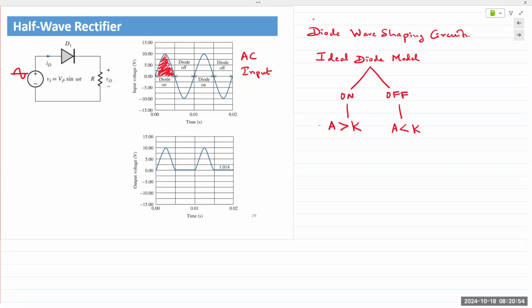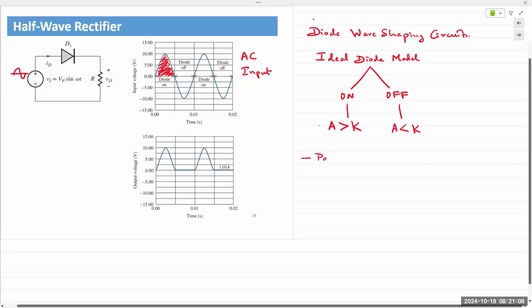So during the positive half cycle, diode D1 is on, right? So positive half cycle, D1 is on, it is conducting.